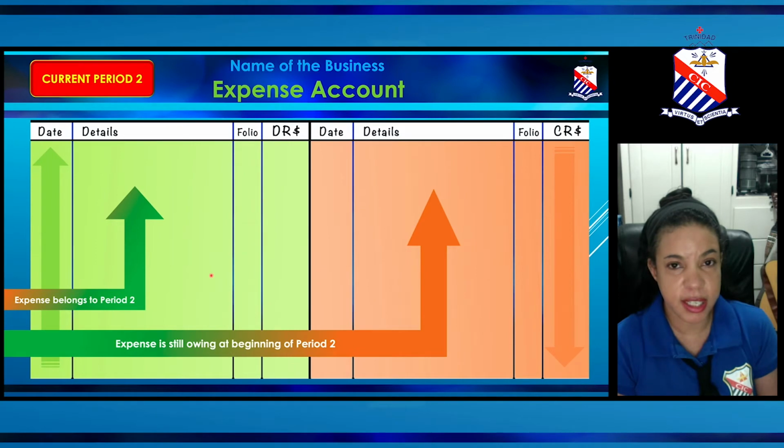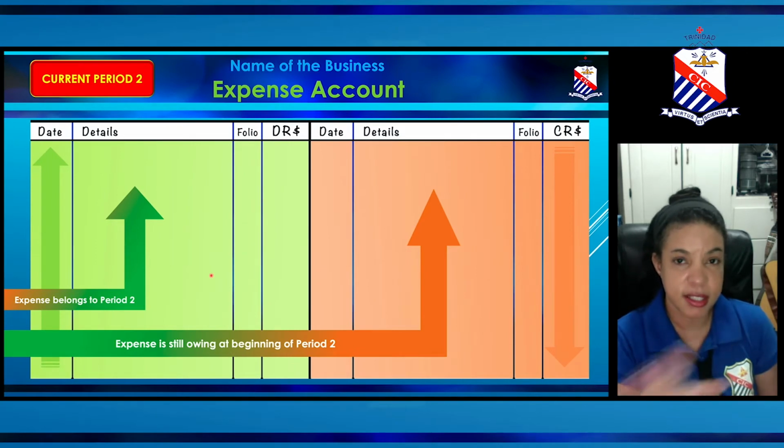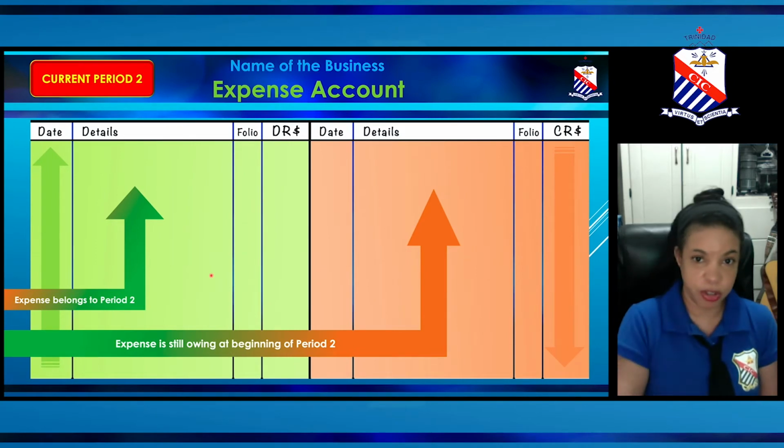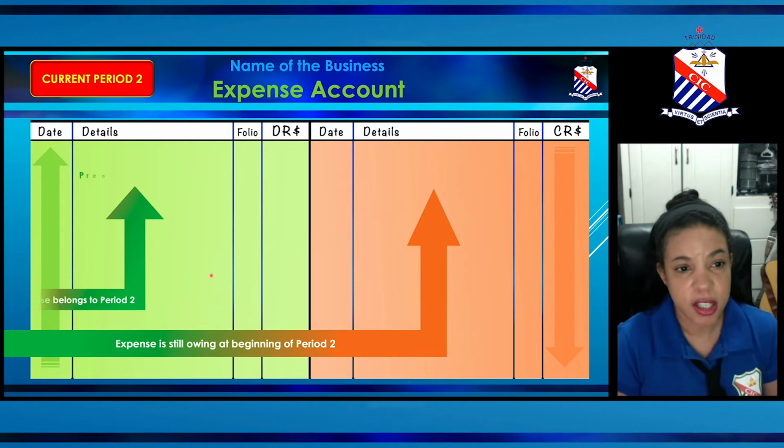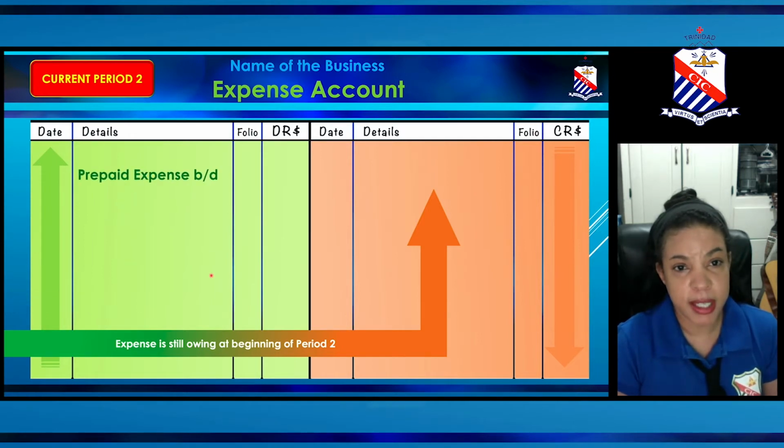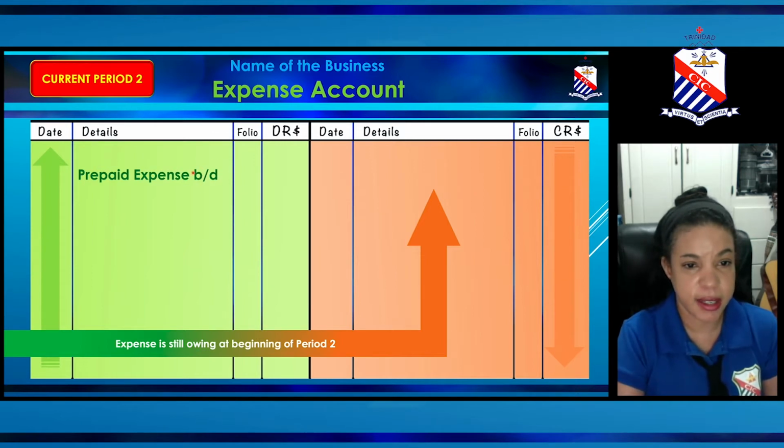And you will just see here visually, this is the second period or the next period. And as we just said, for your prepaid, it has been brought forward or brought down to this next period. So that is what this signifies here.